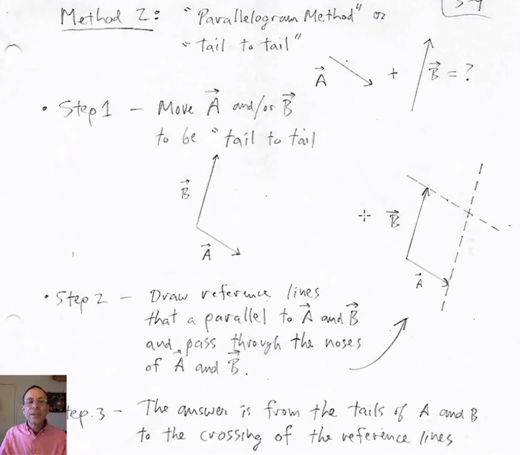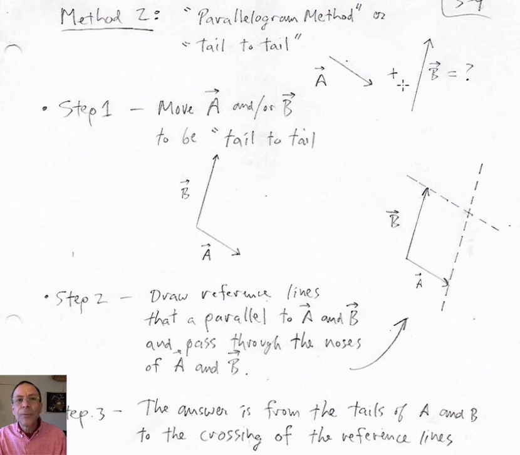This one, a famous physics teacher called Hewitt called the parallelogram method. And so that's maybe a real name. And I call it the tail-to-tail method. So we're still doing the same two vectors, A and B, same as before.